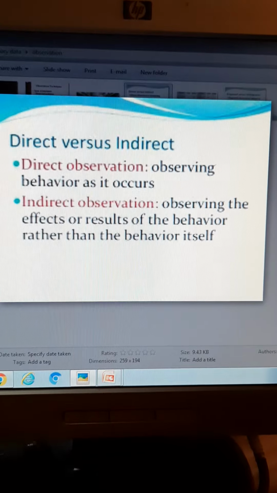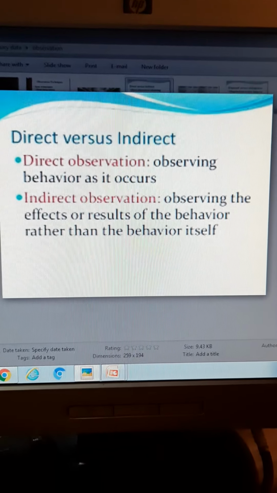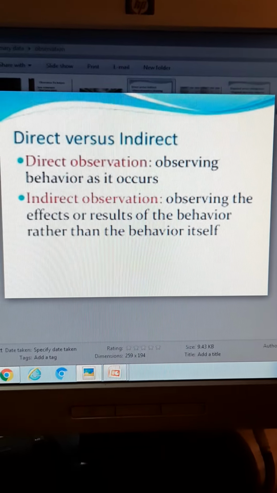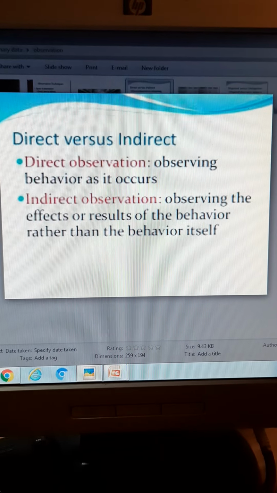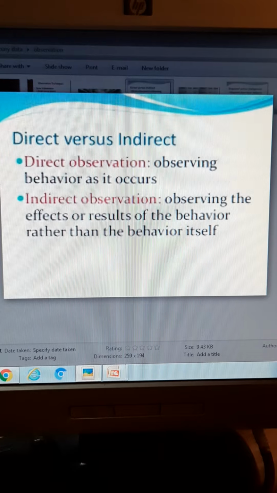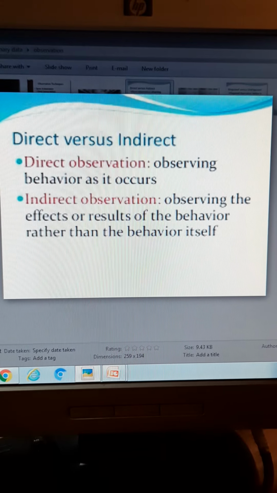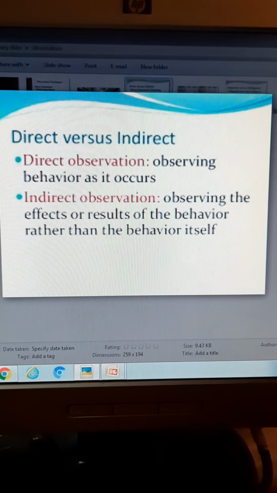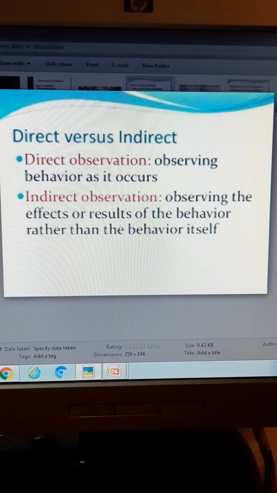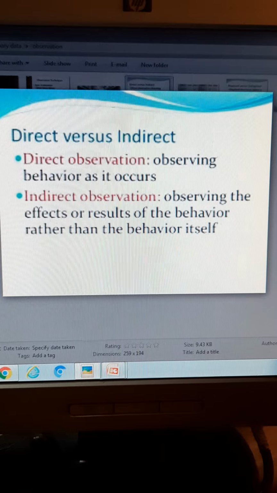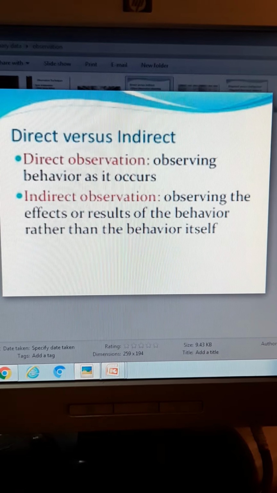Another example, direct, indirect. You are giving a medicine. So there are both you have to observe. After taking the medicine, what happens? Whether the sneezing stops. You are taking a medicine for allergy. Direct observation, observing whether the sneezing has stopped.